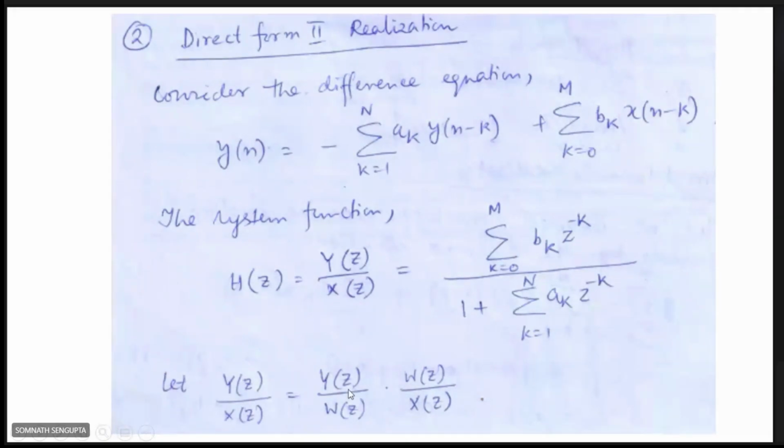So two stages are there. One stage output goes to the input of the other stage. So in the first stage, input is X(z), output is W(z), and in the next stage, input is W(z) and output is Y(z).